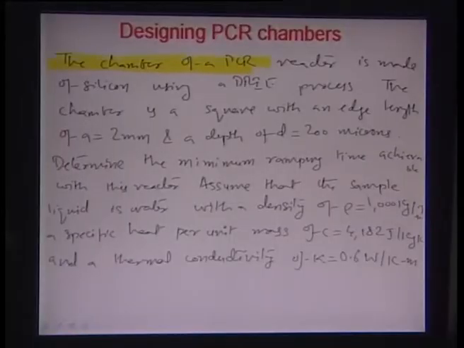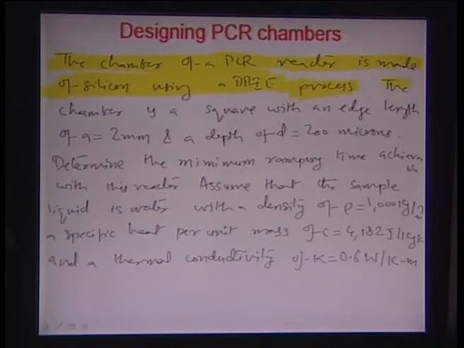Now, let us try to illustrate that a little more with an example. In this particular case, as you are seeing here, there is a chamber of PCR reactor which is made in silicon using a deep reactive ion etching process. So, this chamber is a high aspect ratio chamber etched away using a gas plasma, the deep reactive ion etching.